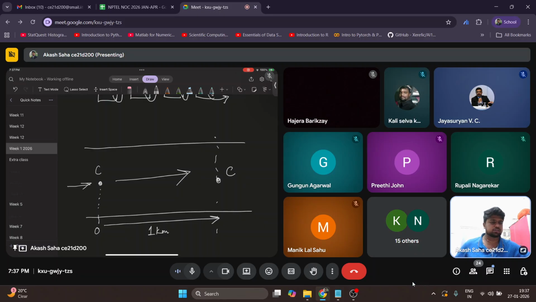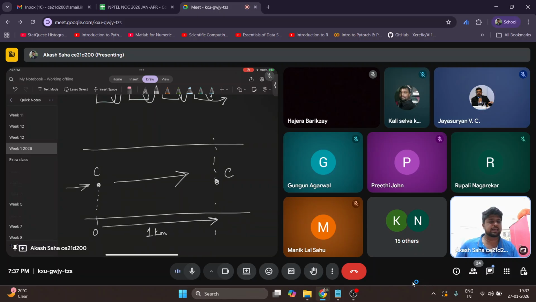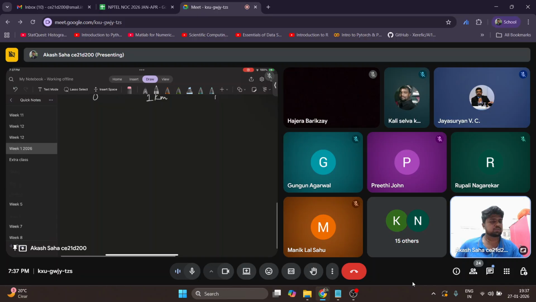So this is advection. Whereas if there is a gaseous particle, it will slowly radiate around the circumference.